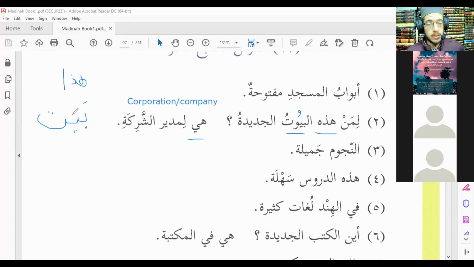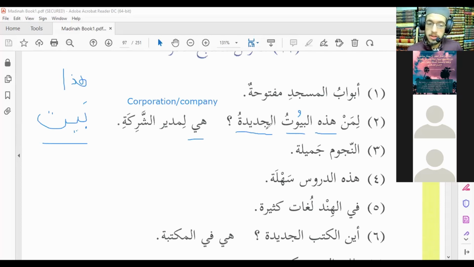Because it would be singular, and bait happens to be masculine. However, here we're working with a plural noun that is not a human being. And so now we're going to use the singular feminine form. Instead of hada, we're using hadihi, liman hadihil buyutu, and we see the consequences of that play out in al-jadidatu.